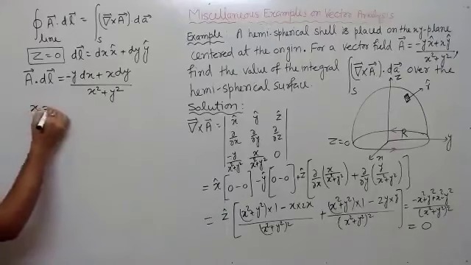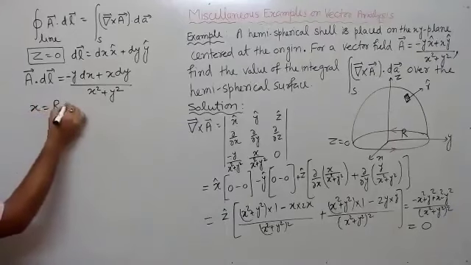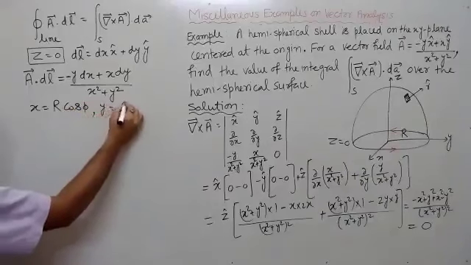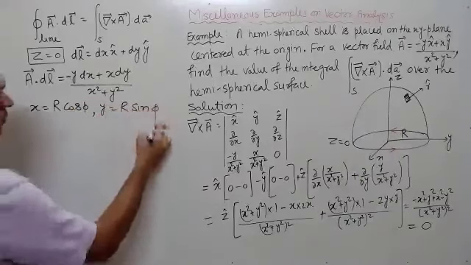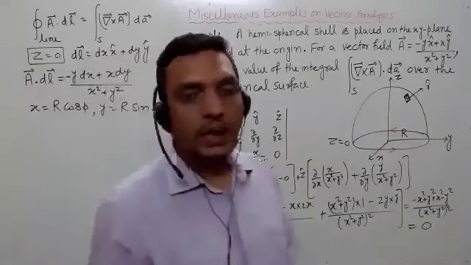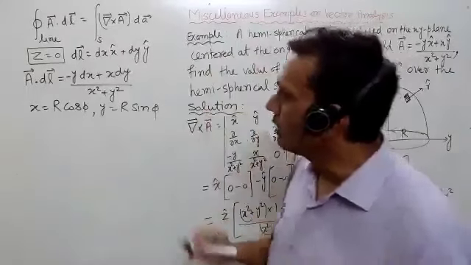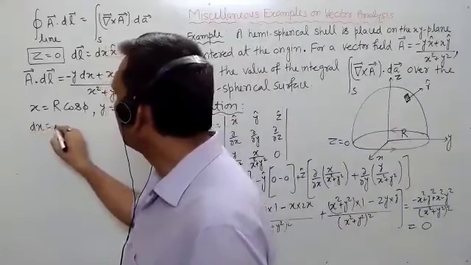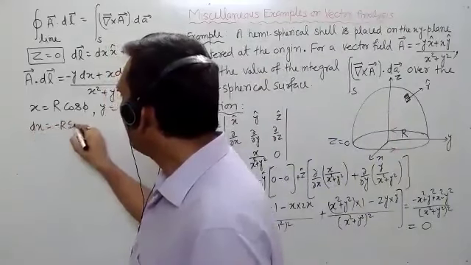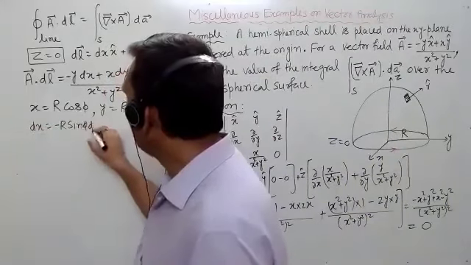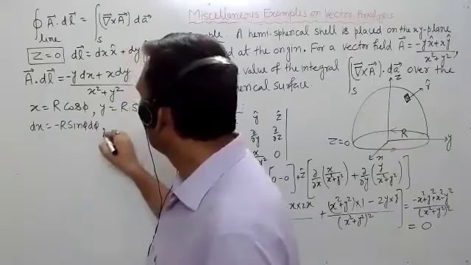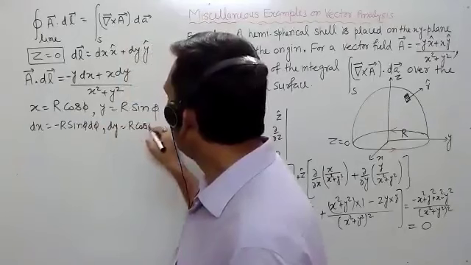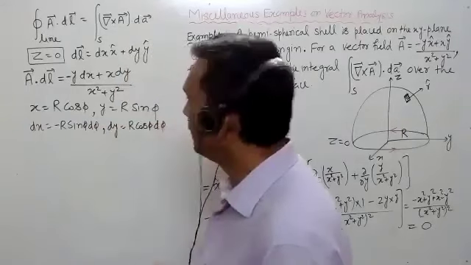Now you know that x is r cos phi and y is r sin phi. You have to write A dot dl in cylindrical coordinates. So dx can be written as minus r sin phi d phi, and dy is r cos phi d phi.